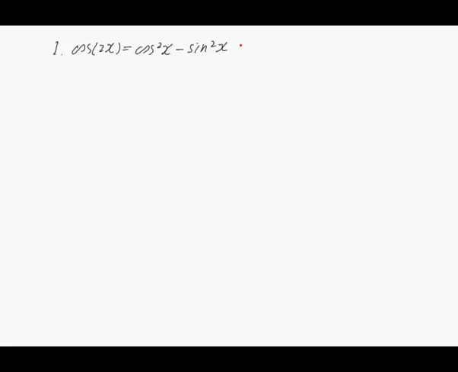And we know sine square x is equal to 1 minus the cosine square x, right? So now, from this identity in this first case, we can get another identity for the double angle of cosine.